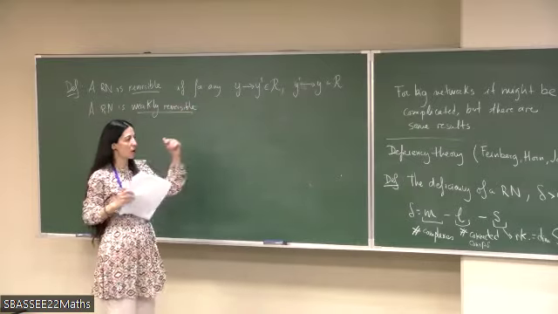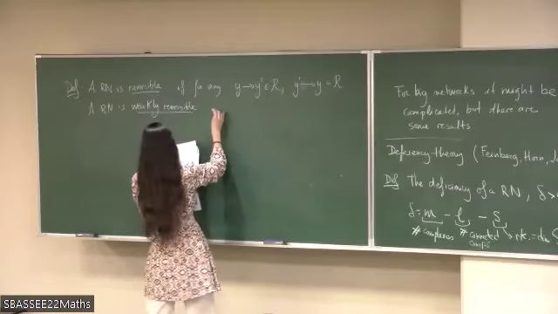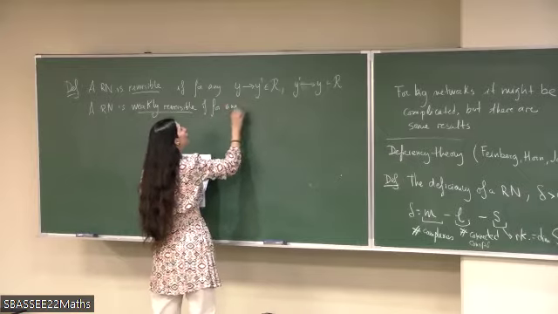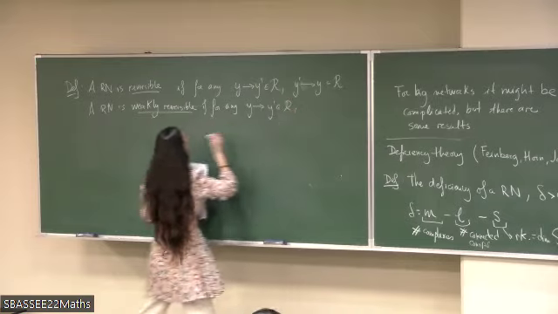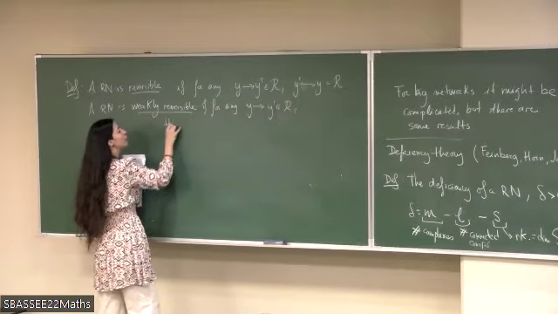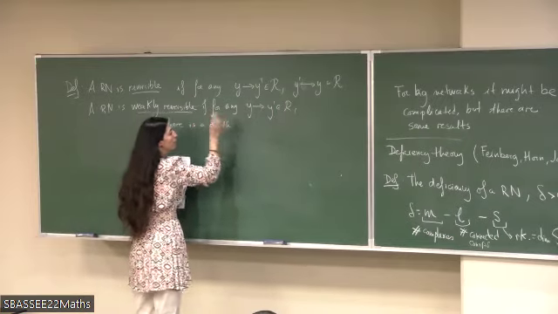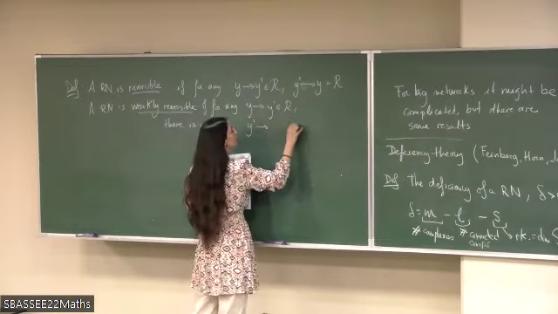And we say it is weakly reversible if we can somehow undo any path. So maybe not directly, but for any reaction of this form, there is a path from this node to this node.